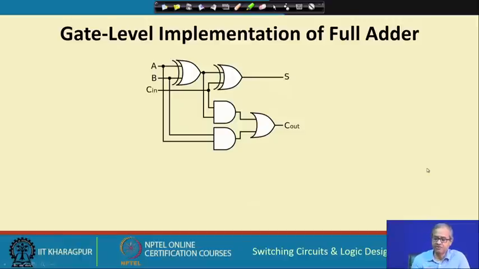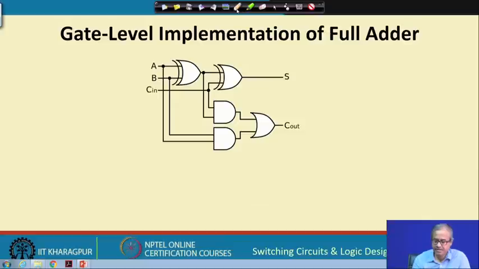There are other ways of implementing a full adder. I am showing a couple of such designs where you can possibly reduce the number of gates a little bit. Earlier for carry out we had used 3 AND gates and a 3 input OR gate. So, here we are making a shortcut. The sum earlier was generated by a 3 input XOR, you recall.